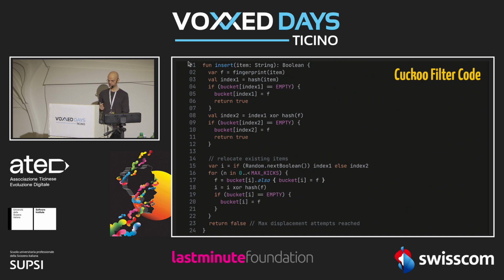It's interesting to note that at line 16 there's a for loop which lasts at most max kicks, a constant which we define according to the size of the items we want to insert, and we try to kick out buckets until this maximum number of kick outs. If we reach that value, then we just return false, because we need to rescale the whole array to make room for all the items.